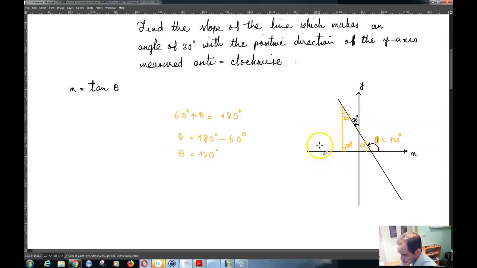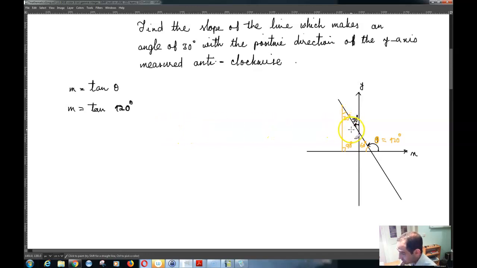So if you can find the tan of 120 degrees, then that's equal to the slope of this line. But I do not really know the tan, or any trigonometric ratio for that matter, of 120 degrees, so you need to calculate it.